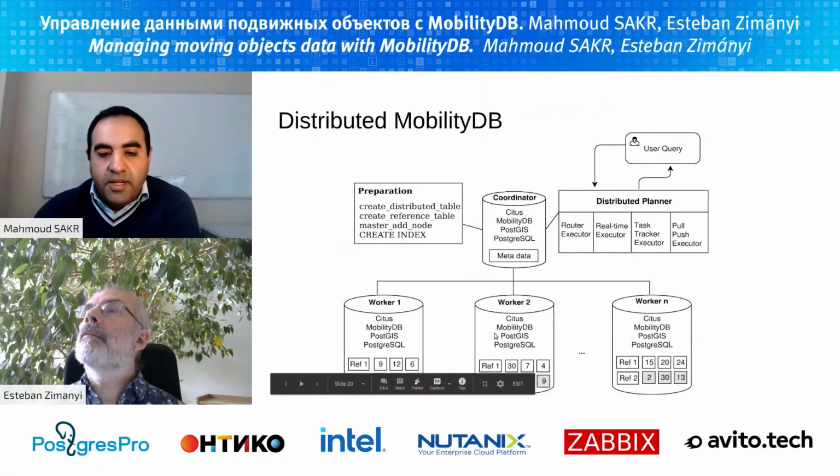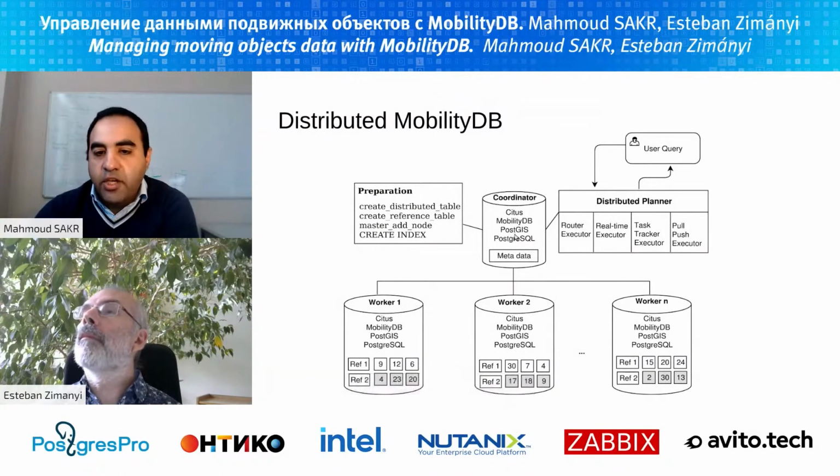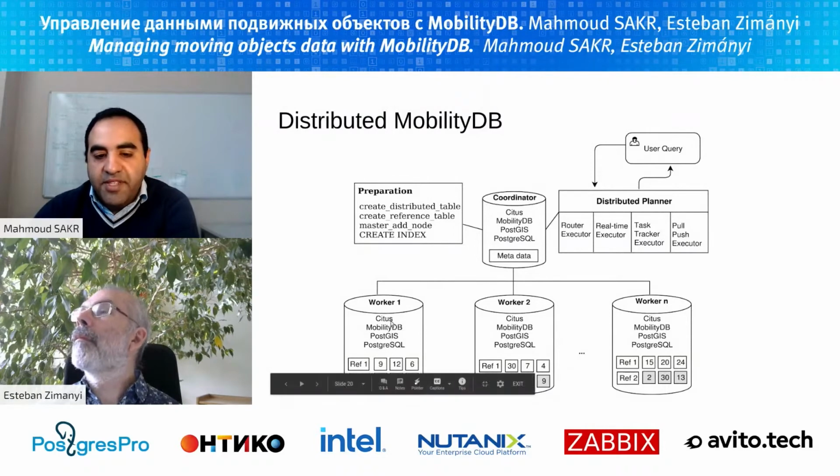In the cluster, there will be one node as coordinator. This node will have PostgreSQL, PostGIS, MobilityDB, and Citus. And there will be many workers, each of them with the same stack: PostgreSQL, PostGIS, MobilityDB, and Citus.